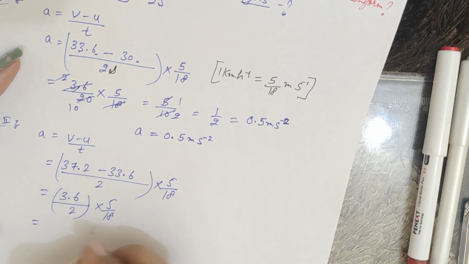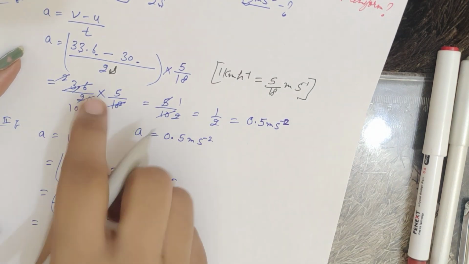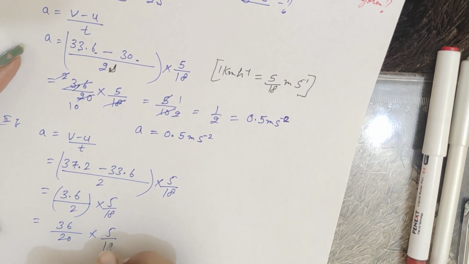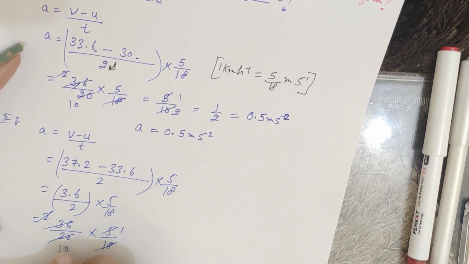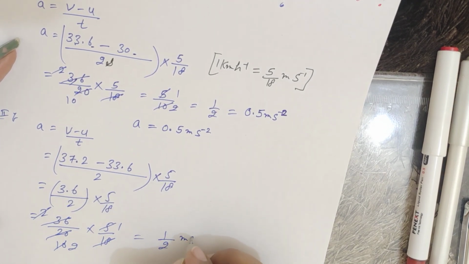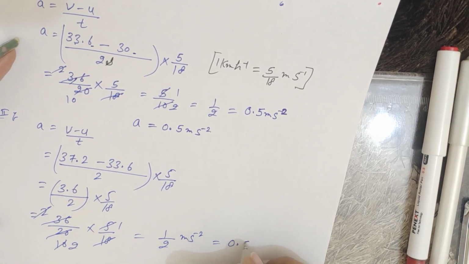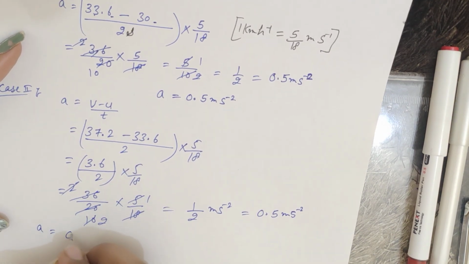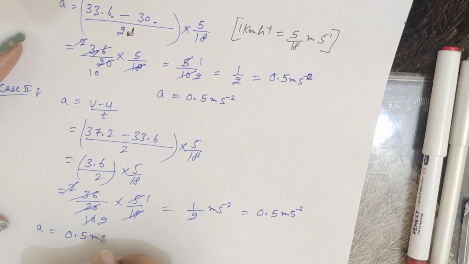You can see this is the same as the above equation, that is 36 by 20 into 5 by 18. We got 1 by 2 meter per second square, which is 0.5 meter per second square. It means acceleration is again 0.5 meter per second square.